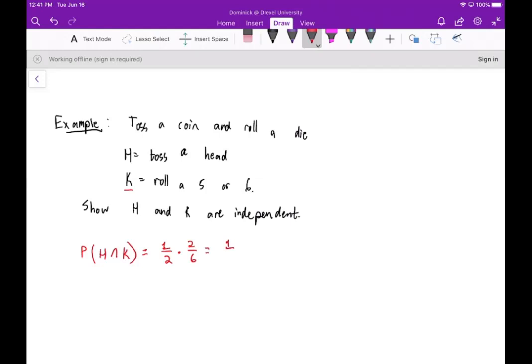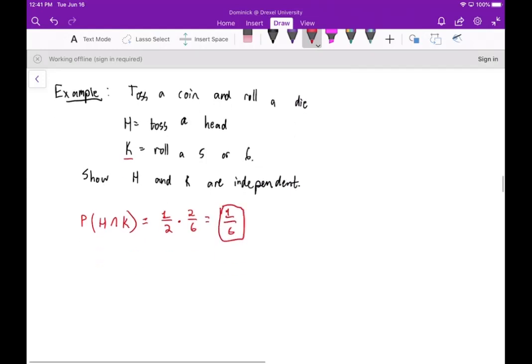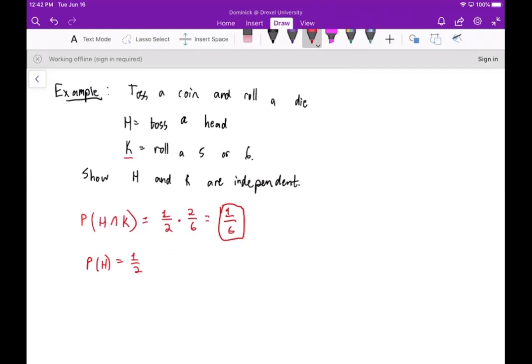So that would give me 1/6. Now, the probability of tossing a head is 1/2, and the probability of rolling a 5 or a 6 is 2/6. If I multiply these two together, it's the same calculation as before. We get 1/6. So since both come out the same, H and K are independent.